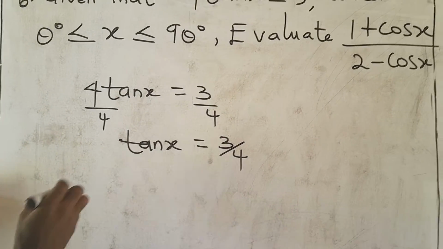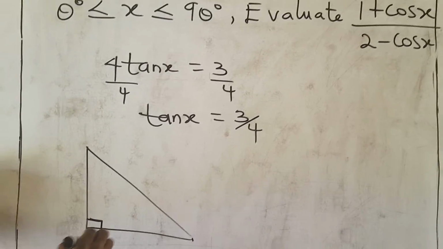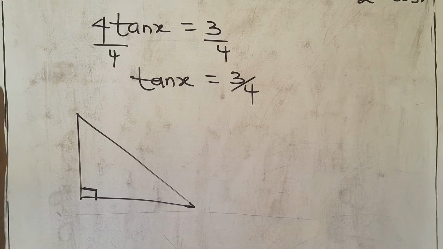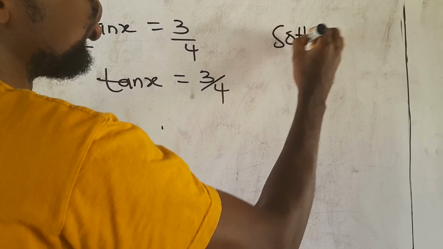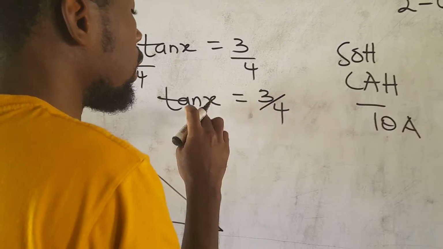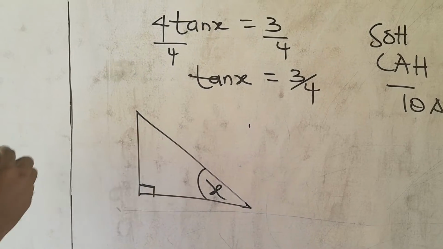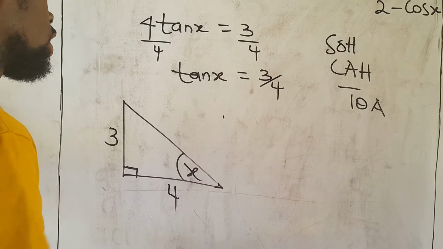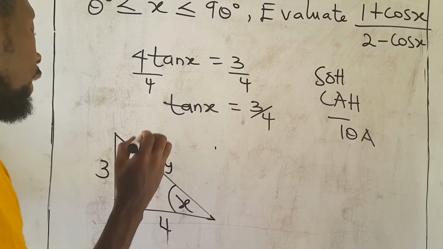So since we know tan x, we can find cos x in this instance using the trig identities or using the Pythagoras theory. So from our mnemonic scheme, there's So, Ka, and Toa. Tan is opposite over adjacent. So our opposite is 3 and our adjacent is 4. Then we can find the hypotenuse. Let's say y.